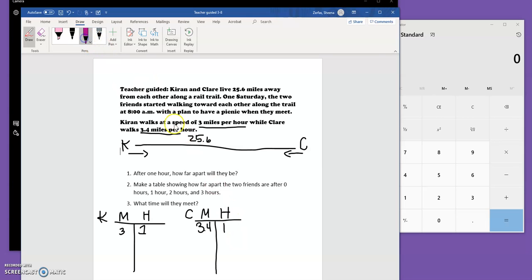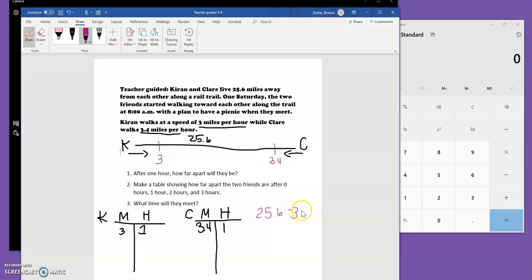On my drawing, so far Kieran has come inwards 3 miles and Claire has come in 3.4 miles. So how far have they come in on the total distance, 25.6? I'm going to take the total original distance apart and subtract how far each of them has gone.